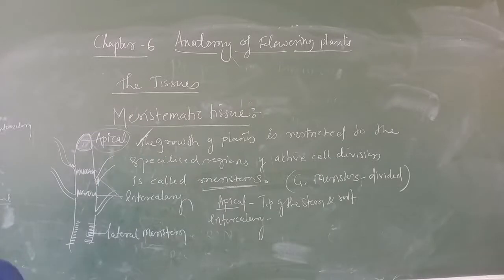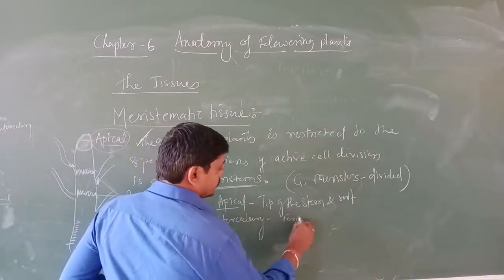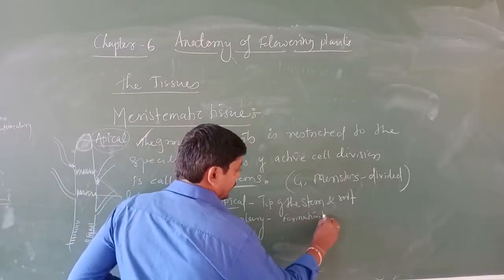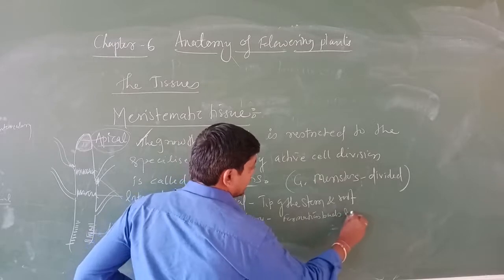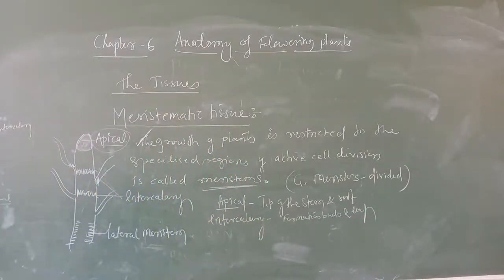The intercalary meristem occurs in between the mature tissue, in between the stems, and this leads to the formation of buds, axillary buds and leaves. This is the intercalary.